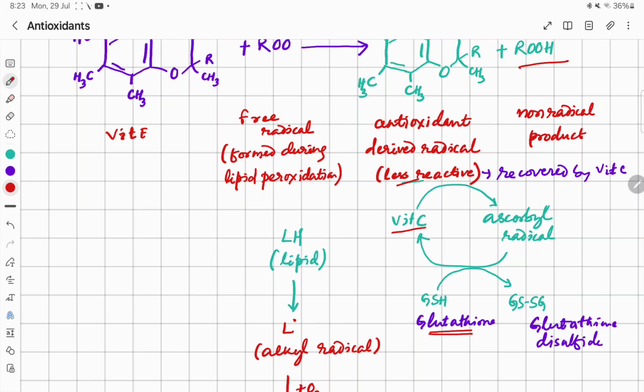So this is the endogenous mechanism. Glutathione ultimately plays a role and is converted to glutathione disulfide.